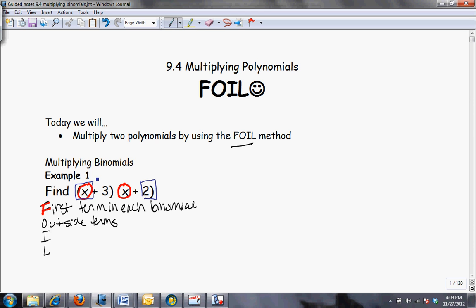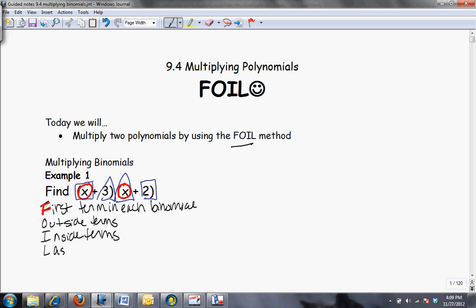Notice they're on the outsides, the furthest apart. Next, we have our inside terms. These are the two that are on the inside. So I have this term here, this term here. Notice they're on the inside, they're the closest in.